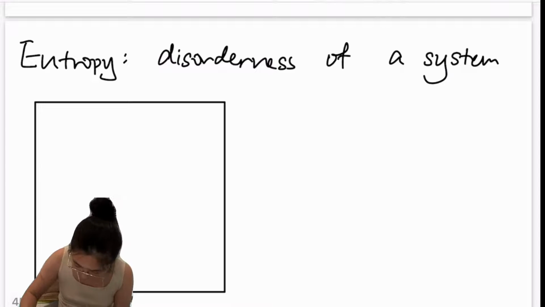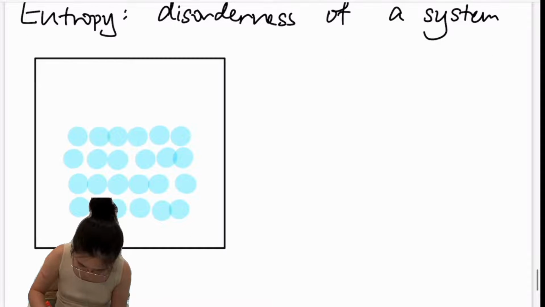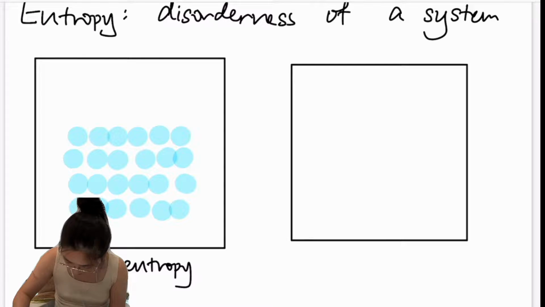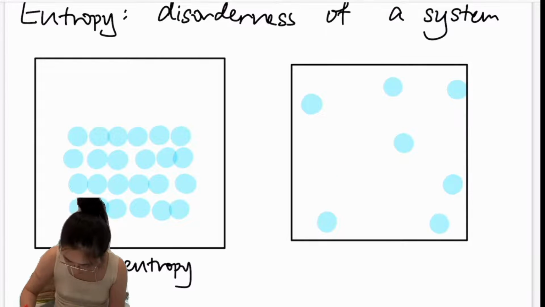If the particles are very ordered, let's say they are in this crystal lattice structure, then obviously they have low entropy. In a sample, if the particles are very random, they're everywhere, far from each other, dispersed, then this is high entropy.